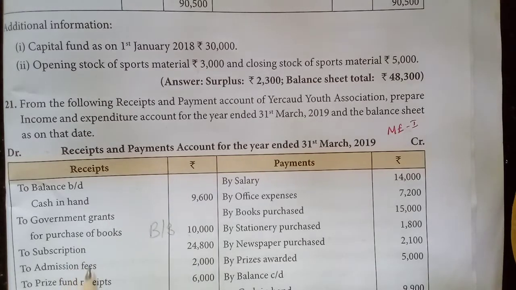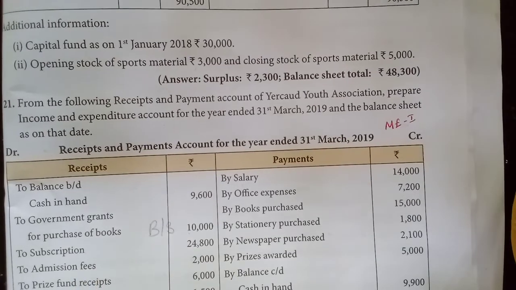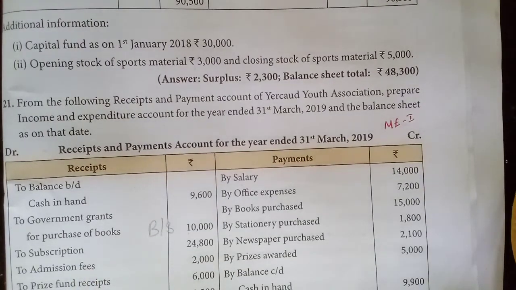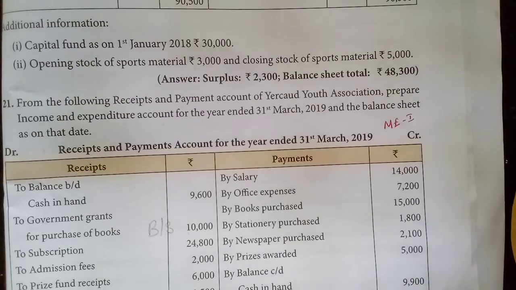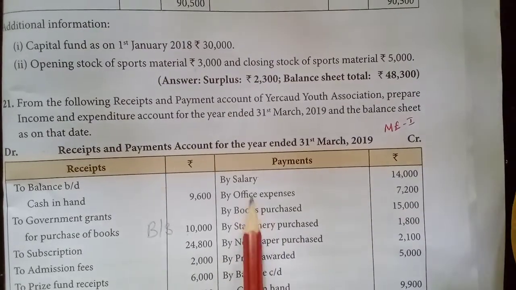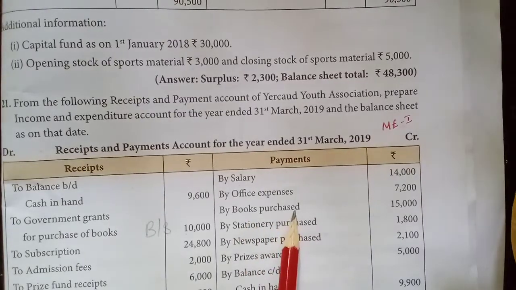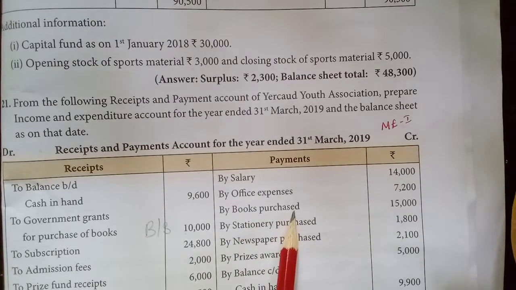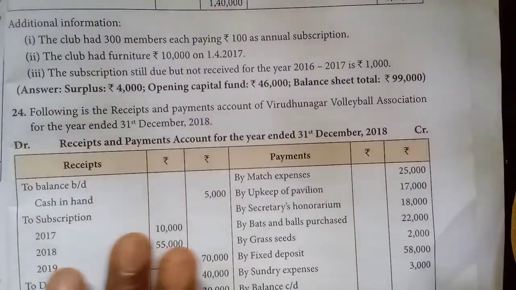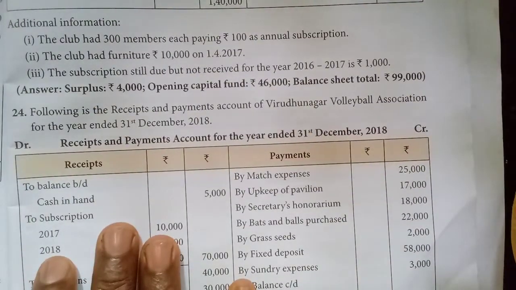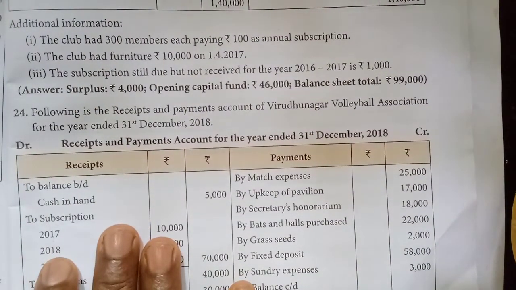Okay, then subscription, admission fee, prize fund receipt, you can write on the income side. All these are income side. Then salary, office expense. Here books purchased will come in the balance sheet. We have the stock of books, opening stock.